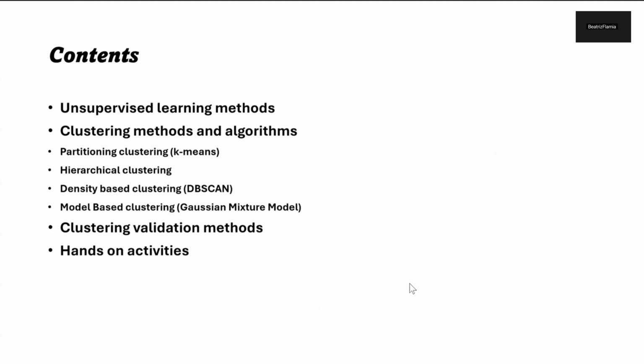After that, we talk about some methods and specific algorithms, the most well-known in the literature and used in data analysis: k-means, hierarchical clustering, DBSCAN, and clustering based on models. In this context, the Gaussian models are the most used. After that, some methods to validate whether the clustering method and results are good enough for your application, and some practical activities in the last part of the class.